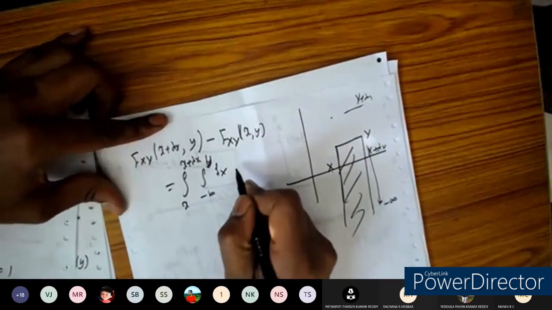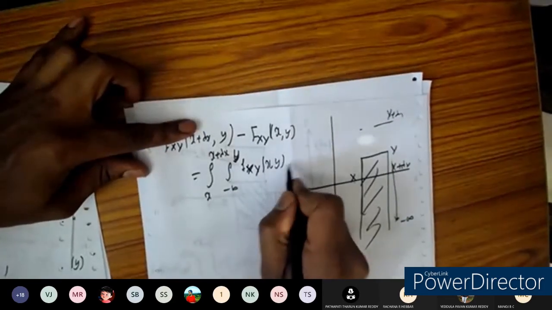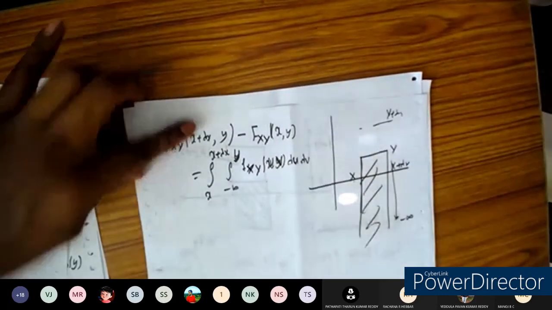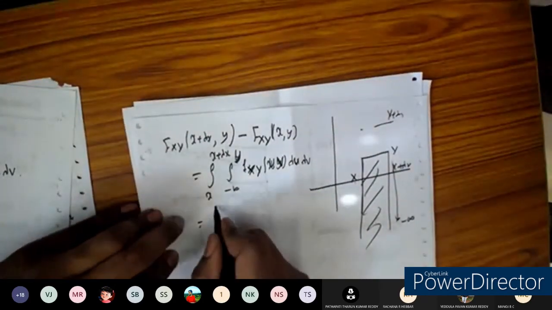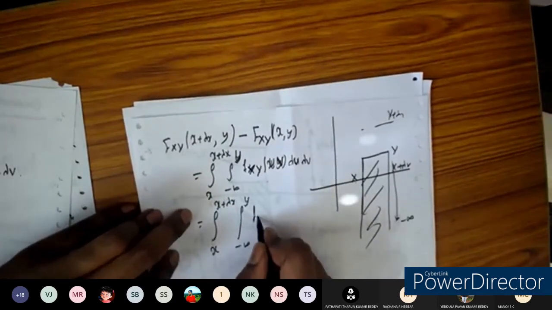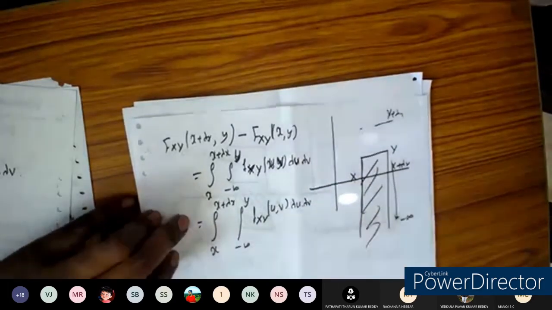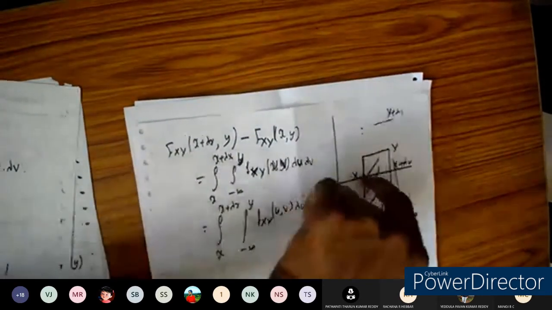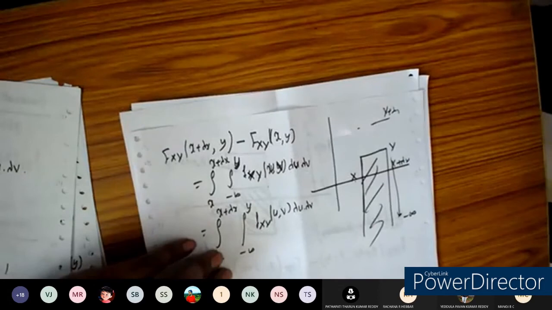So it is fxy of u comma v into du into dv. I'll rewrite: integral from x to x plus dx, integral from minus infinity to y, fxy of u comma v du dv. By subtracting that, we are able to obtain this area.